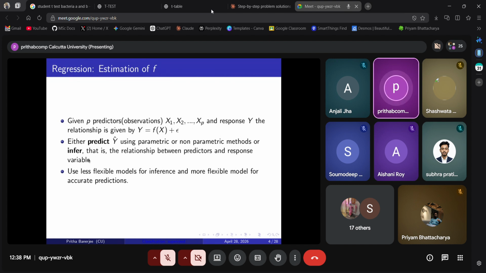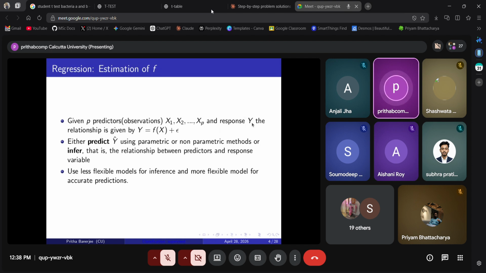So in regression, we were estimating the function f of x given p predictors, x1, x2, up to xp, and the response y.